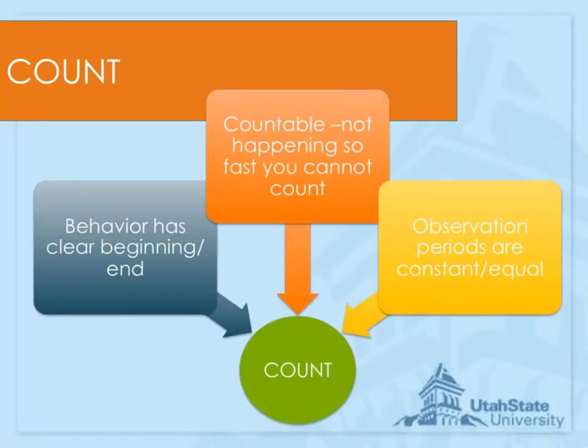Some things to consider when you're using a count measure: the behavior should have a clear beginning and end. If there's no clear beginning and end, it's very difficult to get an accurate count of the behavior. If it's happening so fast that you can't actually count it, that also might be a reason to avoid using the count measure. If the observations are consistent and equal, that's a good opportunity to use the frequency count.